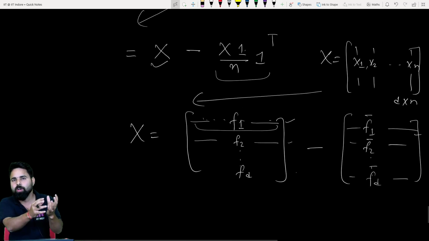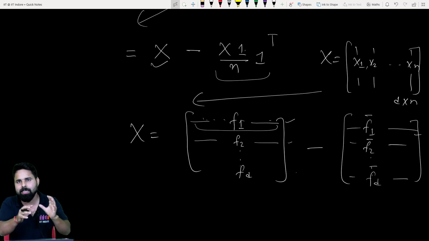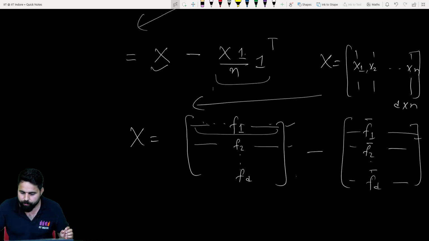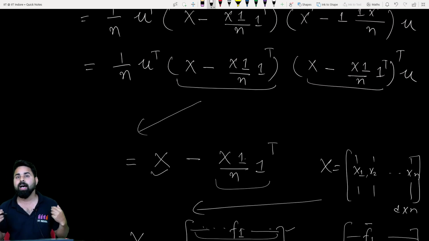Like we have seen in the formula of variance, where we took the transpose of a vector, subtracted the mean, and the square was taken care of by multiplying the same vector with its transpose. Now we are multiplying the matrix with its transpose. That means it will give you the variance between different features, which we call covariance.